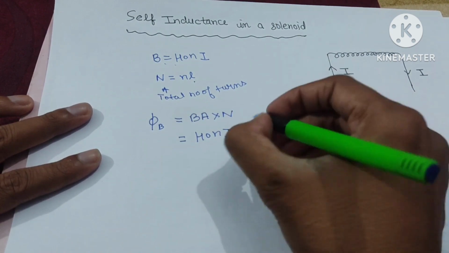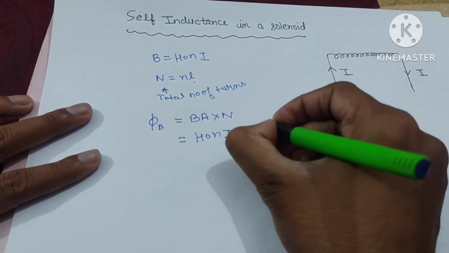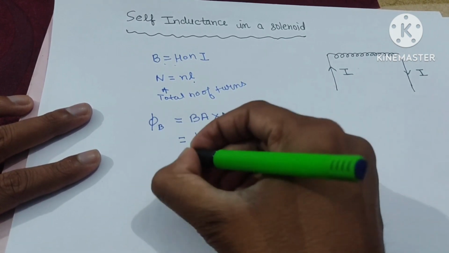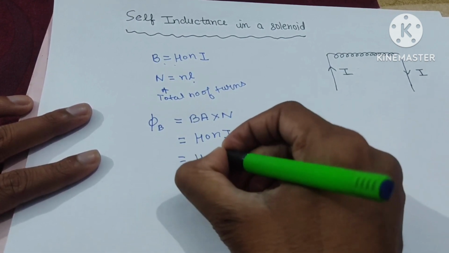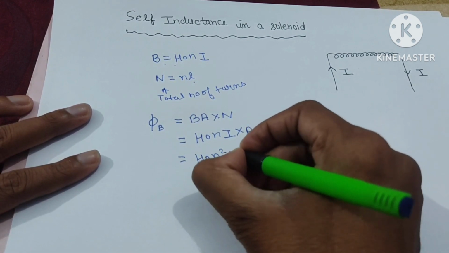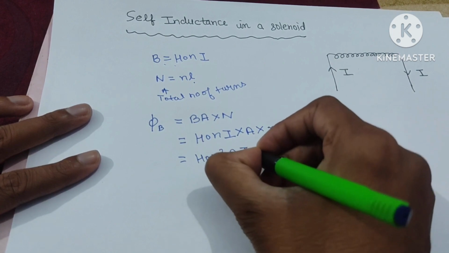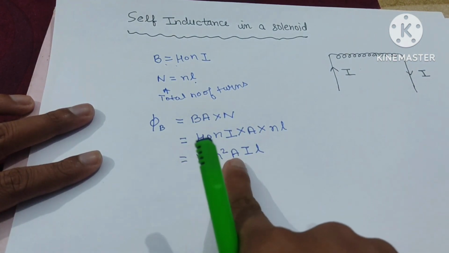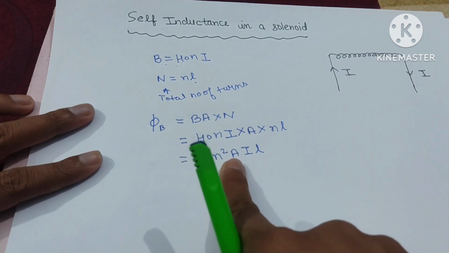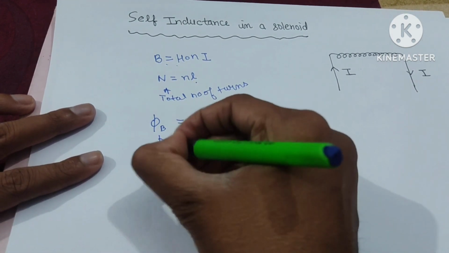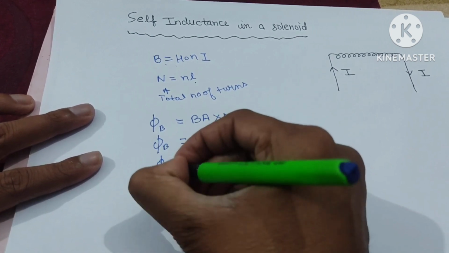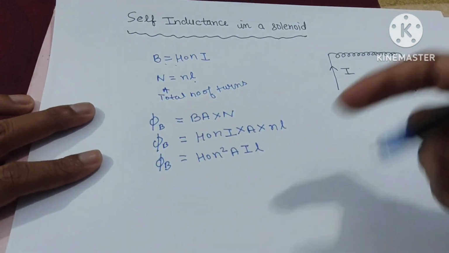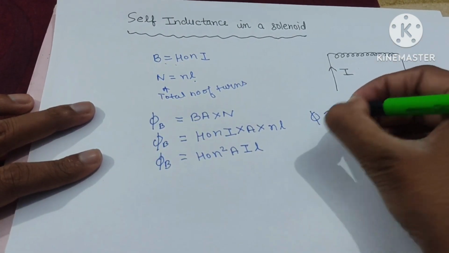Area you should write as A, and n is N by L. Okay, so when you solve this, it becomes N square A I by L. Okay, N square A I by L. This is like this, and you should know this, phi is equal to Li.